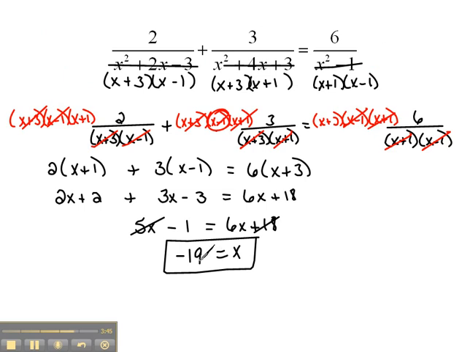Now remember, we have to double check this just to make sure that it will not create a zero denominator. So if we were to plug in a negative 19 plus 3, that's not going to be a 0. Negative 19 minus 1 is not going to be a 0. And negative 19 plus 1 will not be a 0. So if I were to plug negative 19 into any or all of these places, none of these would cause a 0 factor.